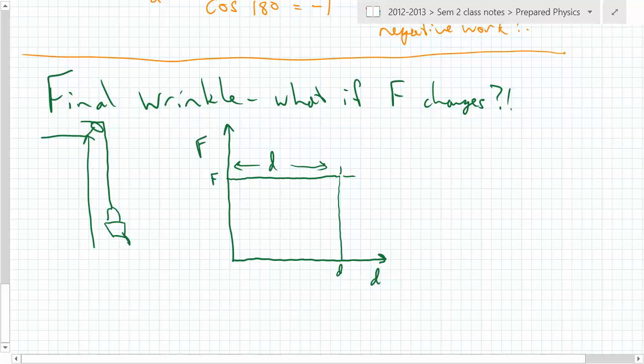This is distance. This is force. And so I'm multiplying them together, and what I get is that the area is the work.